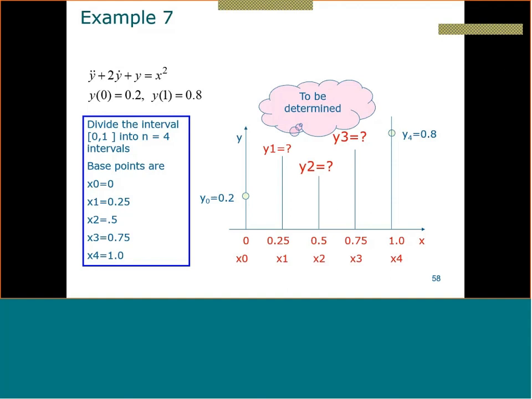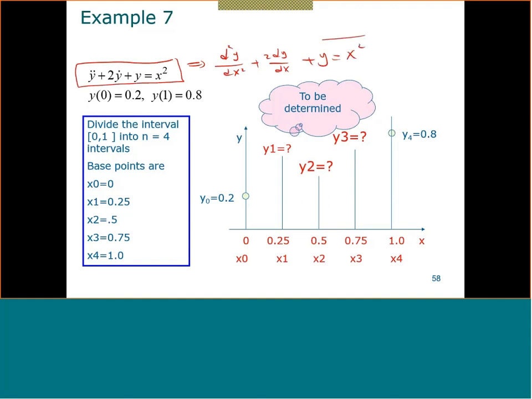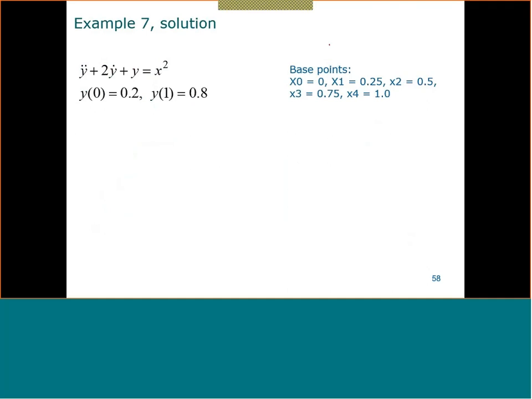Okay, now this is the second order differential equation I am interested in solving, which is d squared y by dx squared plus 2 dy by dx plus y equal to x squared. So this is my differential equation. As I said, we need to convert this differential equation into difference equations, using the approximation of the derivative and the second derivative we learned in the derivative lesson, and we move on. Okay, so let's see.